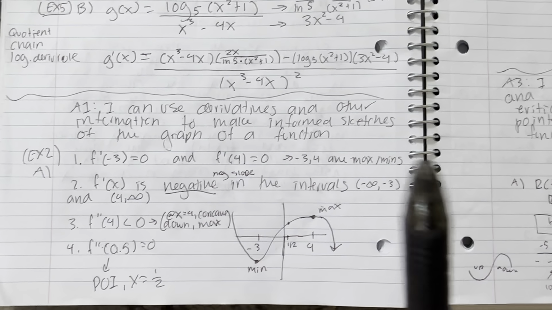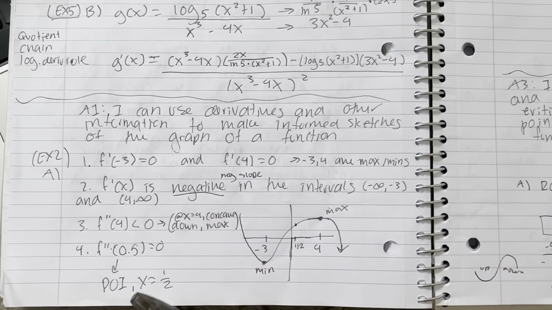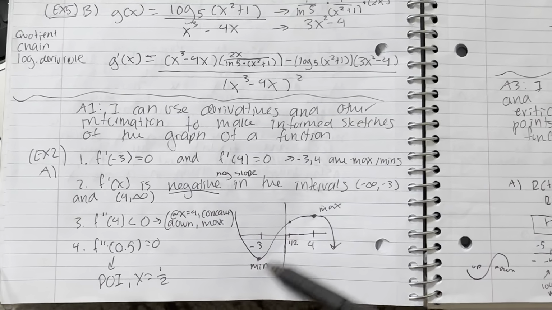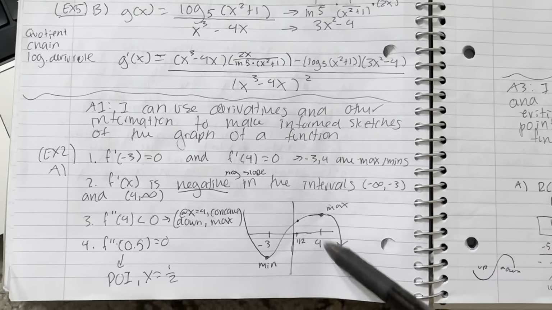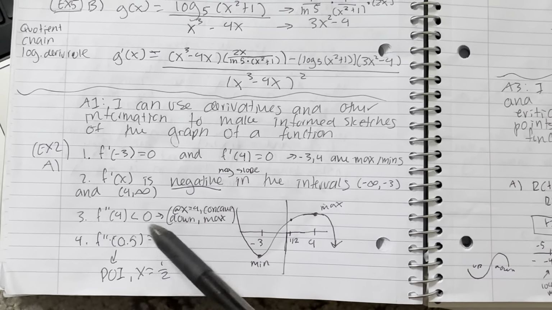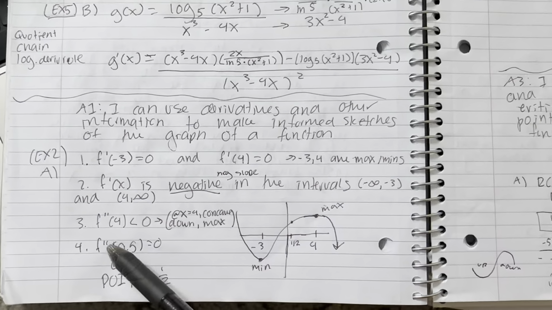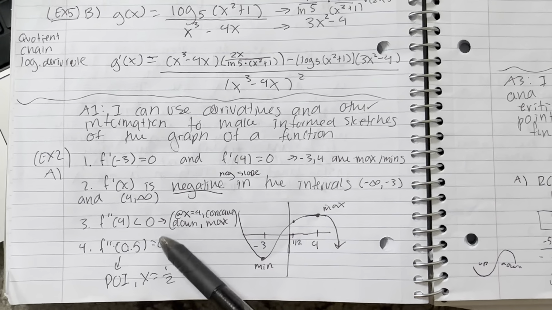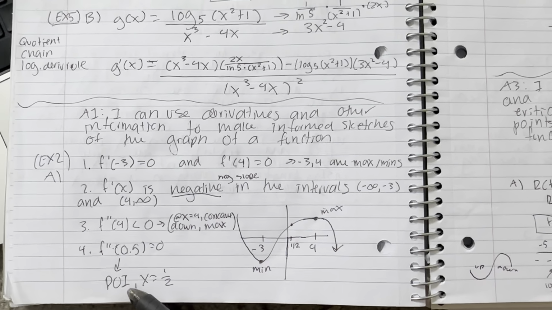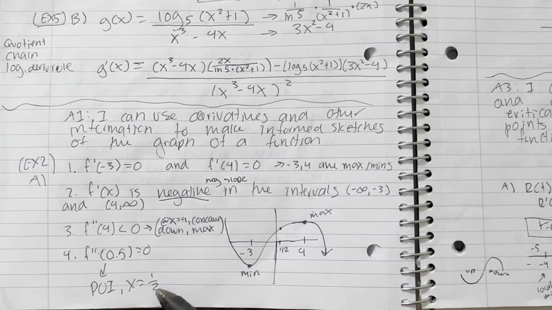We know it is a maximum because it's concave down at x equals 4. It also states that f double prime of 0.5 is 0. This means that there's a point of inflection, again, at x equals 1/2.